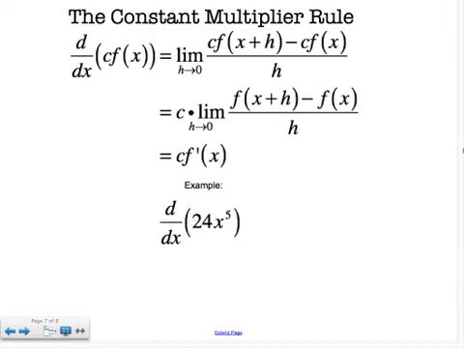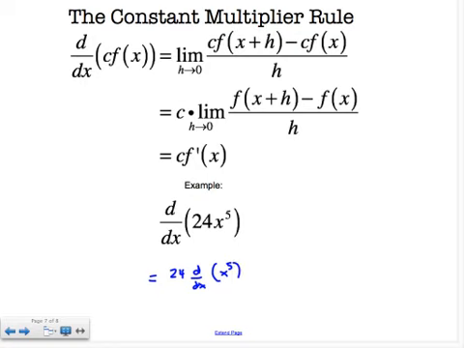Okay, a real quick example is the derivative of 24x to the 5th. This rule says that that's going to be the same thing as the constant out in front times the derivative of the function after the constant.